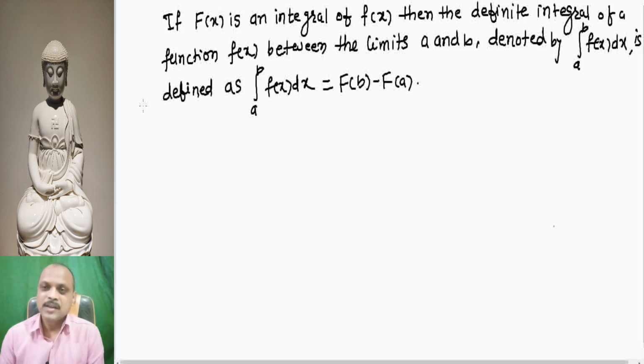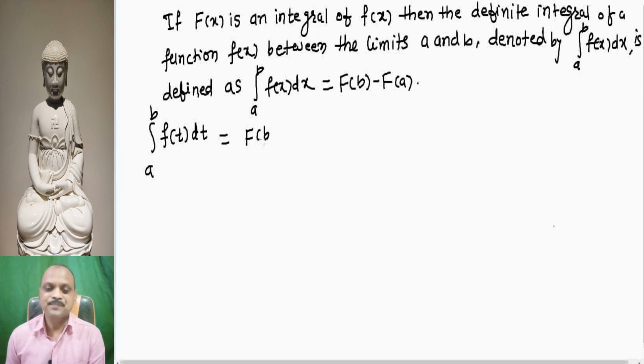Now friends, here we will derive important properties of definite integrals, and these properties will be very helpful for solving problems. As per this definition, if we change the variable of integration, integral a to b of f of t dt, then we have the same value F of b minus F of a.